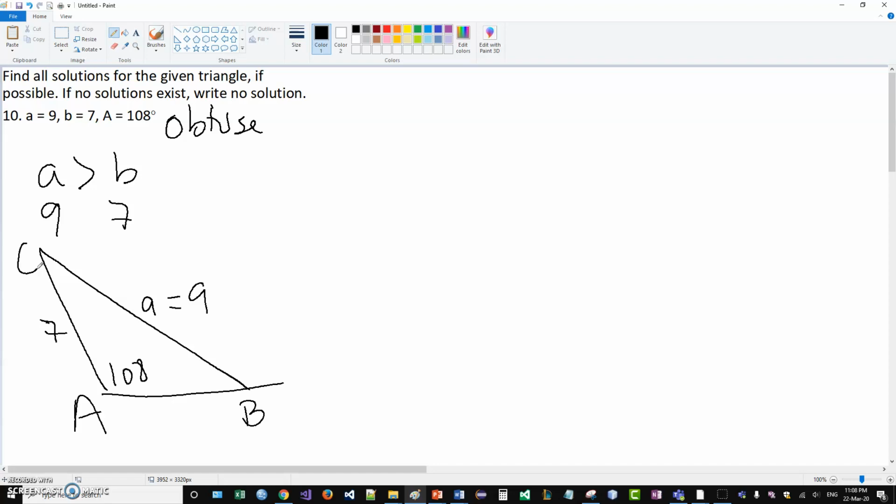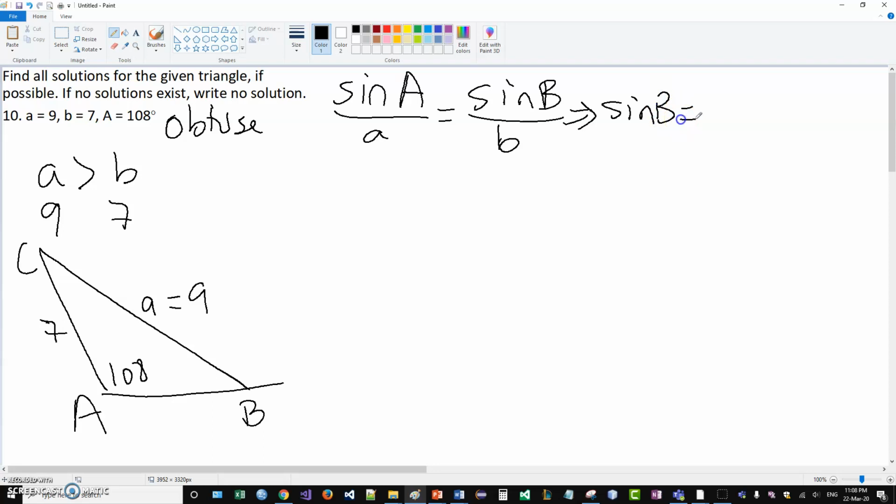So we want to solve the triangle by finding angle C, angle B, and side C. First of all, we can use the law of sines. Sine A over A equals sine B over B, which means sine B equals B sine A divided by A.